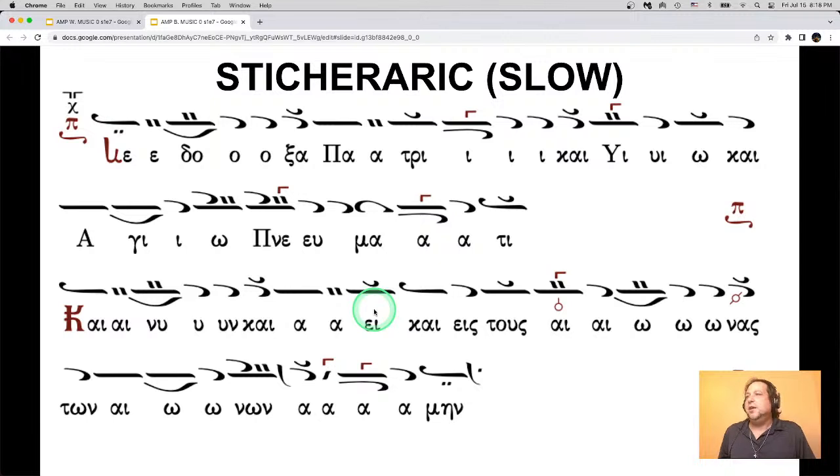It almost always converts into soft diatonic Ikea. So that's the slow plagal second.